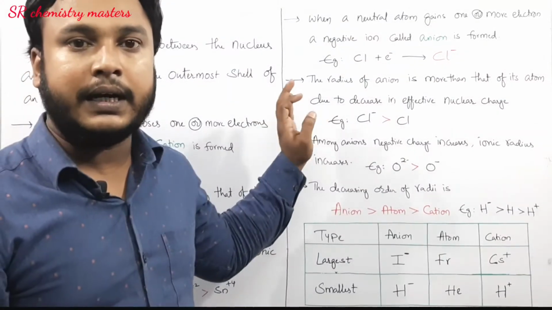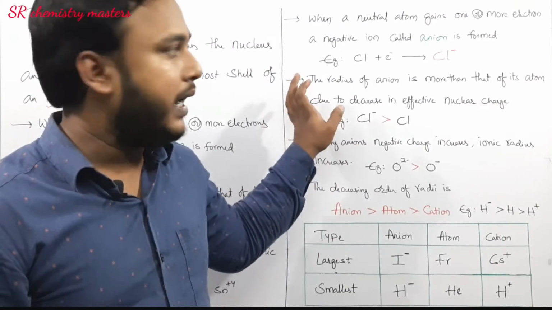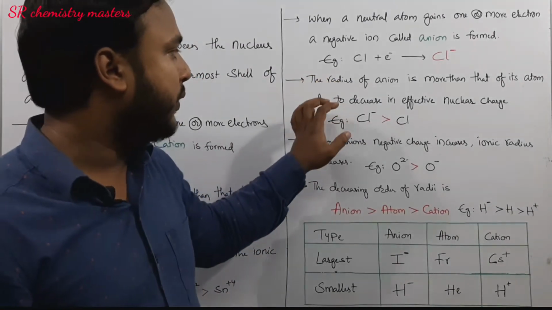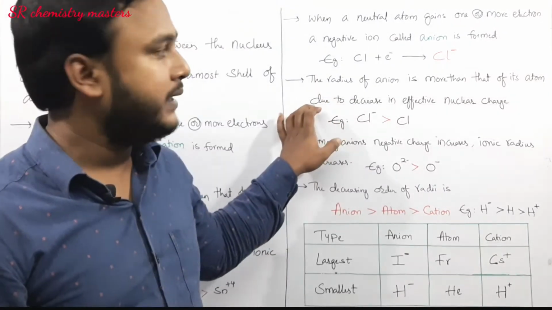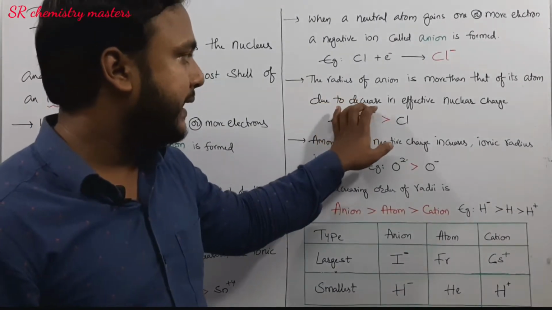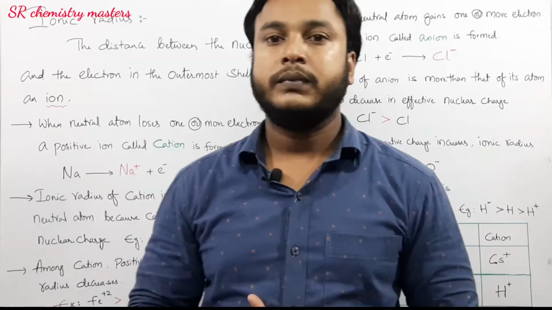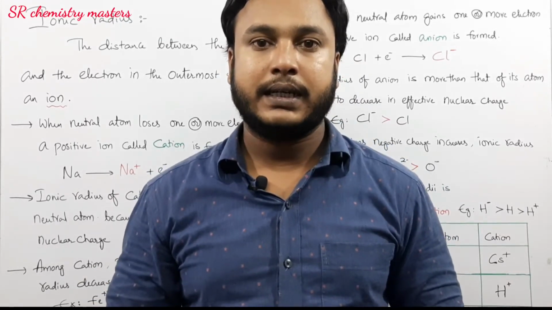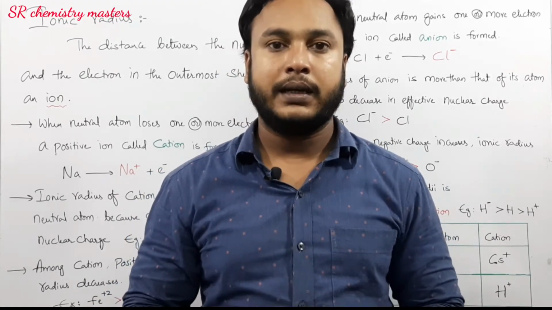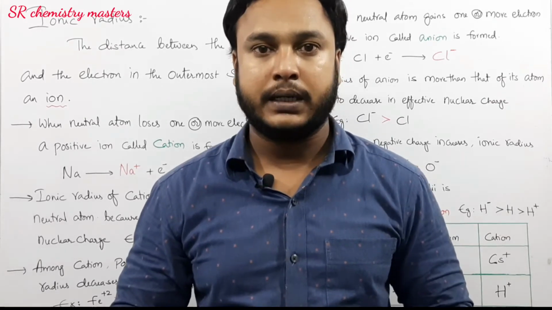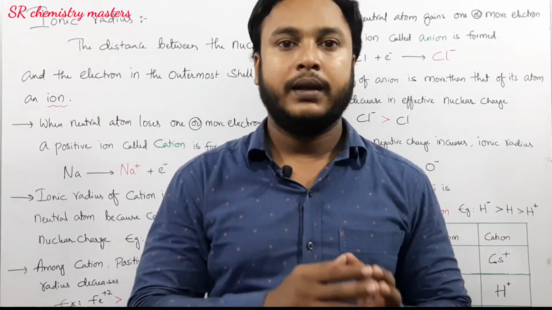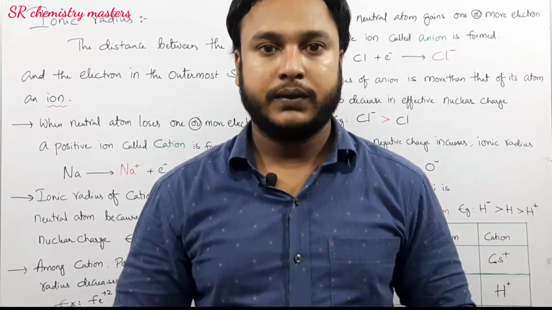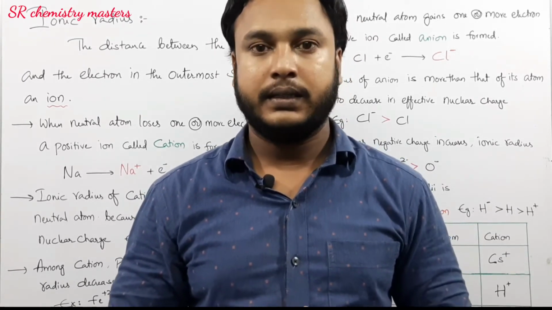If we see the ionic radius of anions, it is more when compared to that of the neutral atom. This is because of the decrease in effective nuclear charge. In cation, the effective nuclear charge increases, whereas in anion, because of increase in negative charge, the force of attraction between the nucleus and the outermost shell decreases, because of which the ionic radius increases.